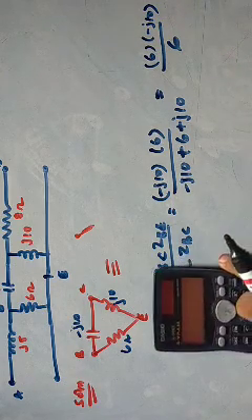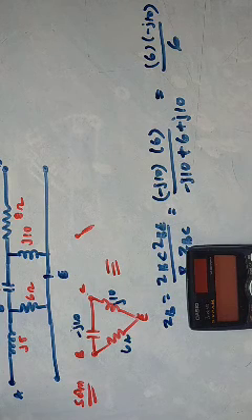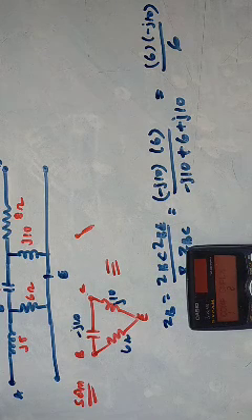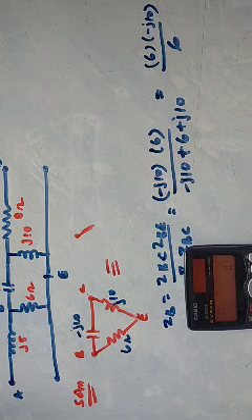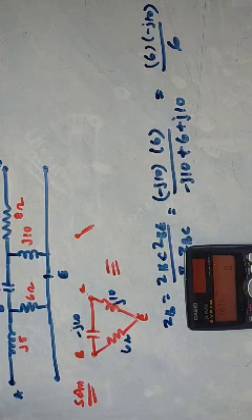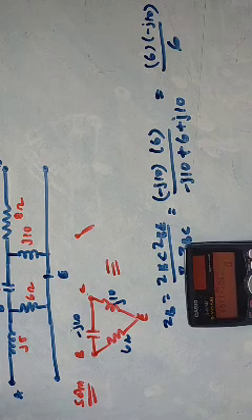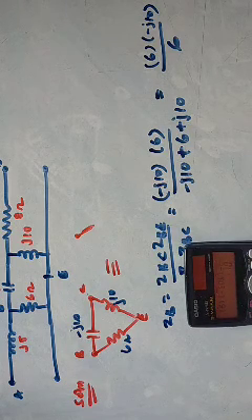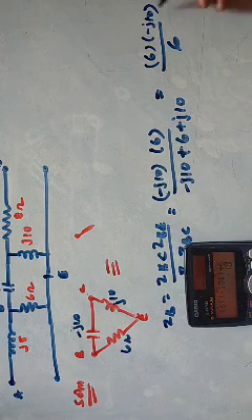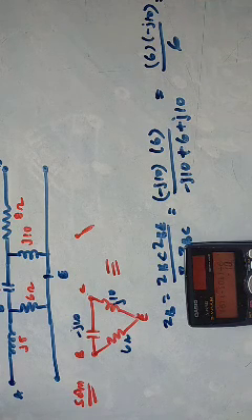Okay, I'll use the calculator. First, I'll keep it in complex mode. Then 6 multiplied by minus 10i divided by 6. The answer is minus 10i, so directly we can have minus 10j.